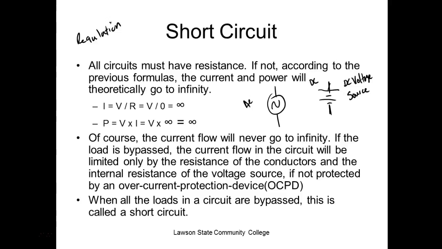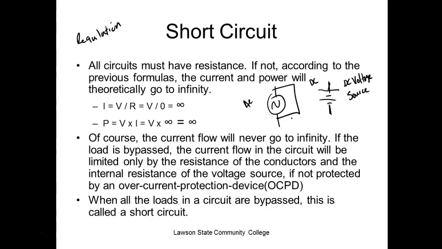But if I come over here and do this, what's the output going to drop to? Now it's going to depend on the internal resistance of the voltage source, and now the regulator can't take care of this, right? You understand?